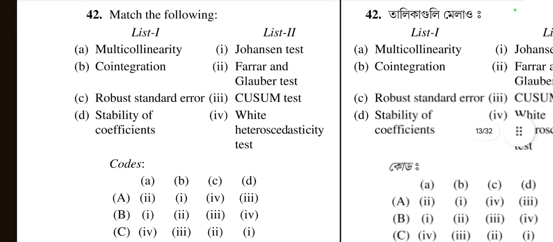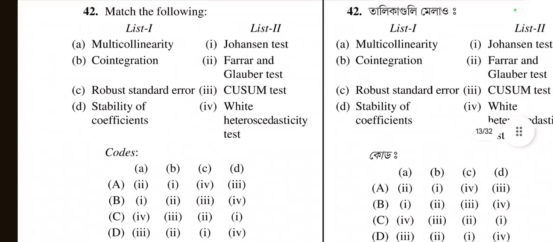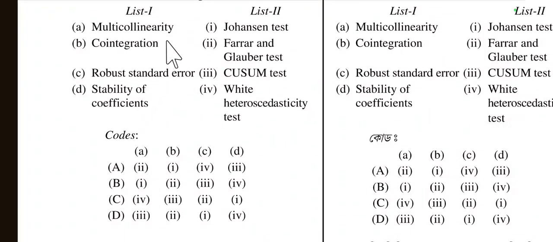Then come to question number 42, list 1 and list 2. The first list is multicollinearity, co-integration, robust standard errors, and stability of coefficient. Multicollinearity is related with the Farrar-Glauber test. Co-integration is related with the Johansen test. Robust standard errors are related with the White heteroscedasticity test.